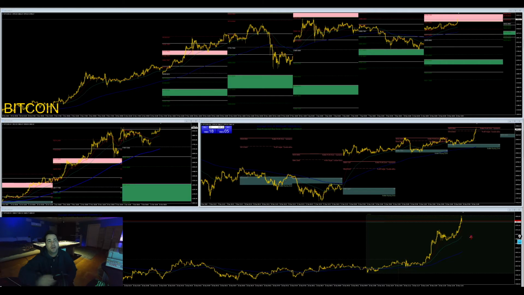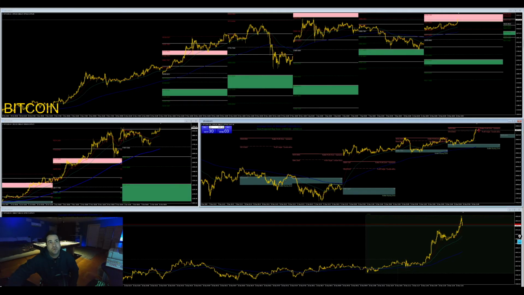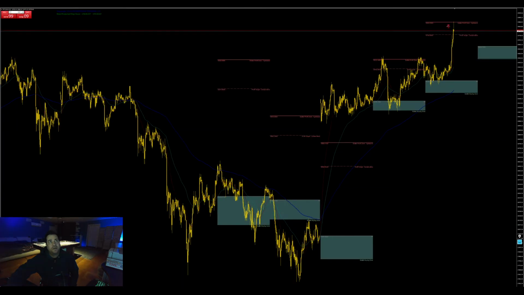Look at that, right at the aggressive profit taking zone for the day. You can see it right there. Wicked right up to it. And that matches with the all-time high as well. We'll see if we sell off from here or if we can break that level.